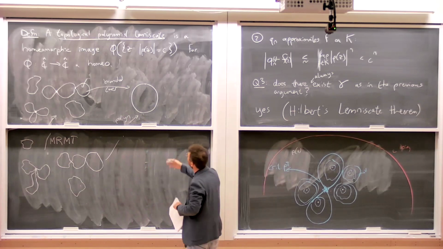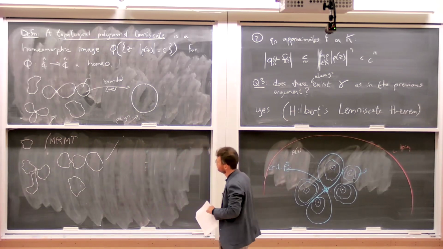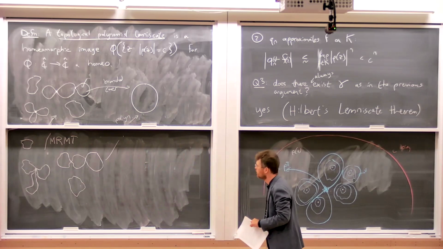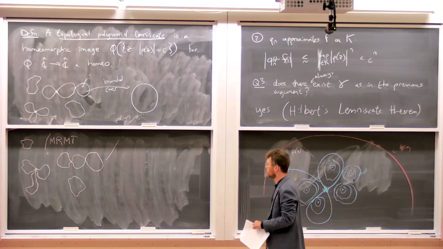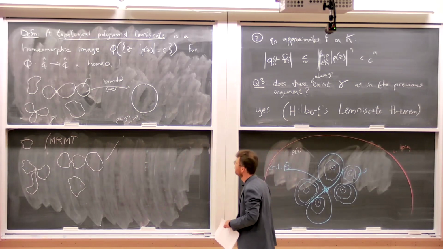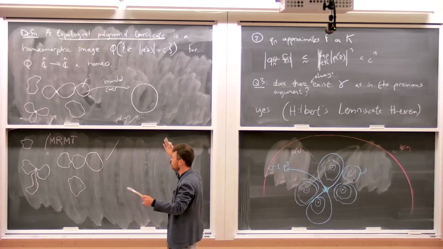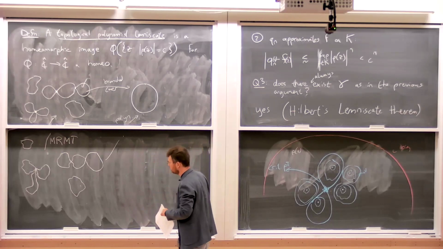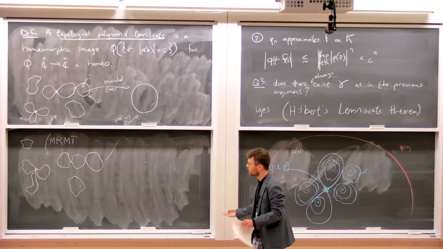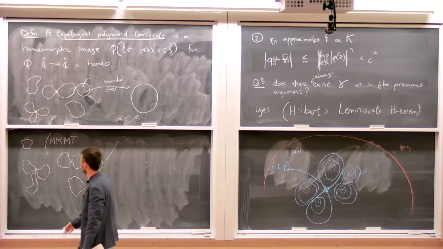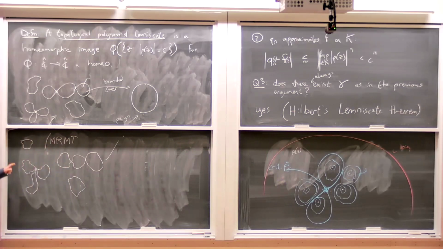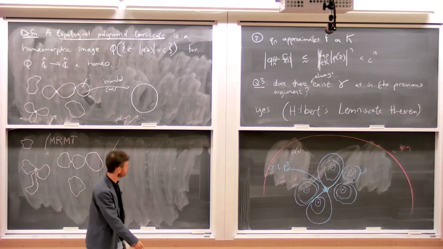So if you have any topological polynomial lemniscate, then by definition or by a quick application of the measurable Riemann mapping theorem, such a topological object is homeomorphic to an actual polynomial lemniscate. Roughly, our central result is that this homeomorphism can be taken as close to the identity as you would like.